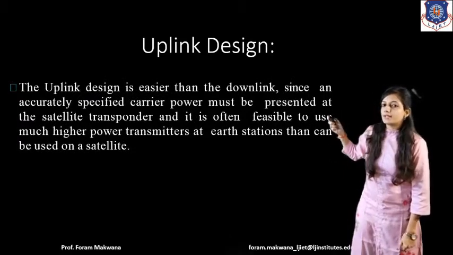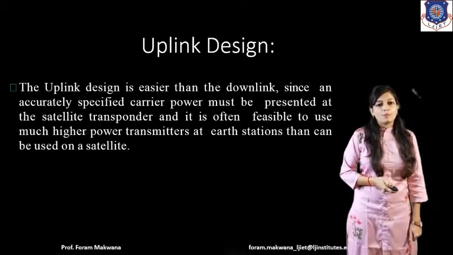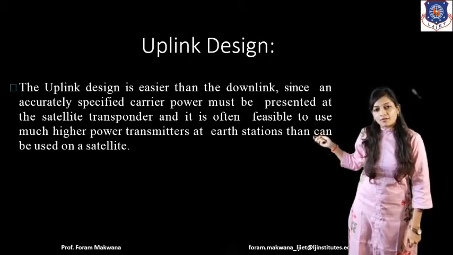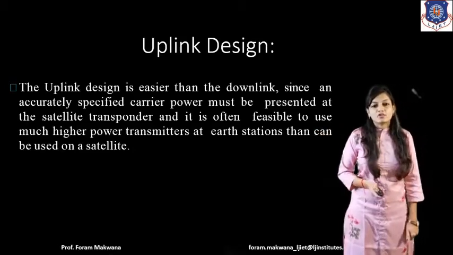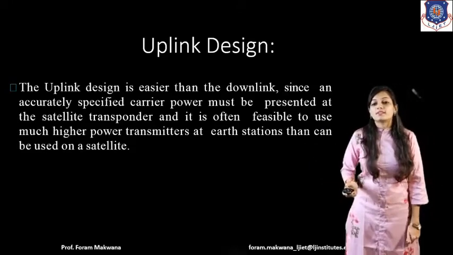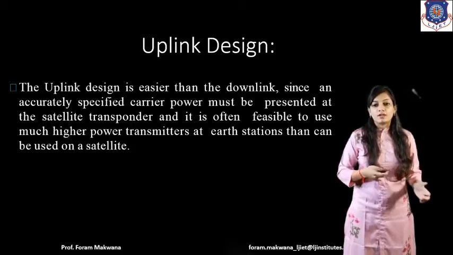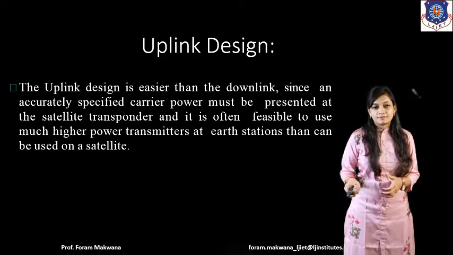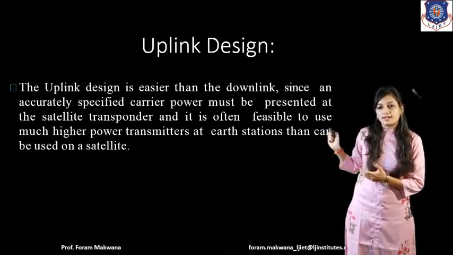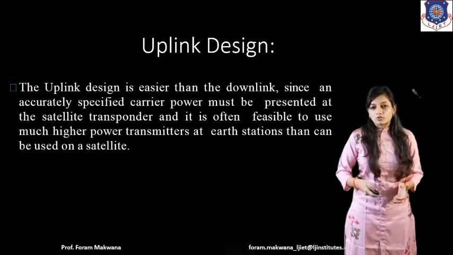This uplink design is much easier than the downlink. How? Because here we simply need a carrier power which must be present at the satellite transponder, and it uses a much higher power transmitter at the earth station. We can transmit high power with a high power transmitter, which can't be used at the satellite because it would be bulkier and would also increase the cost of the satellite.